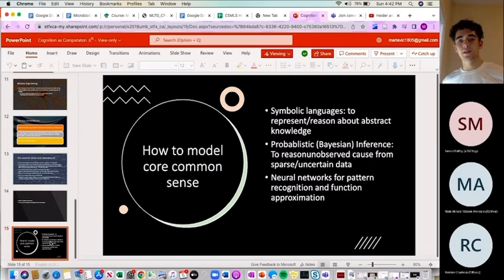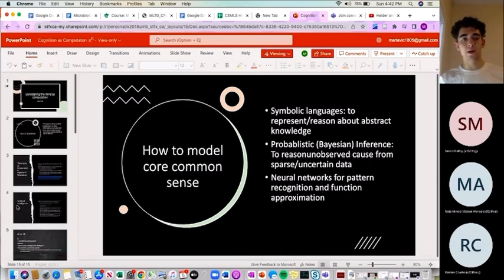And then lastly, he says, we use the neural networks for the pattern recognition and function approximation and to make these things run smoothly. But yeah, that's my understanding of Tenenbaum and what he has to say about the mind as computation. Yeah. Thank you, guys.